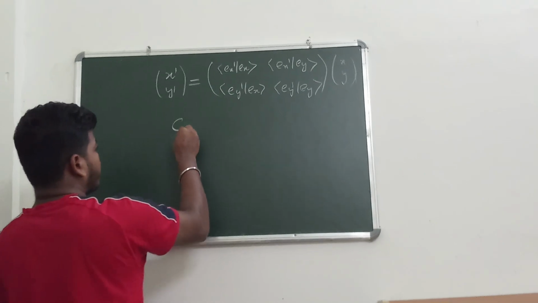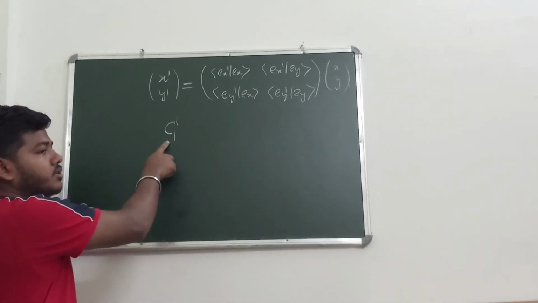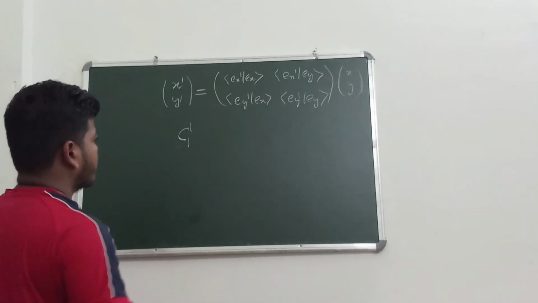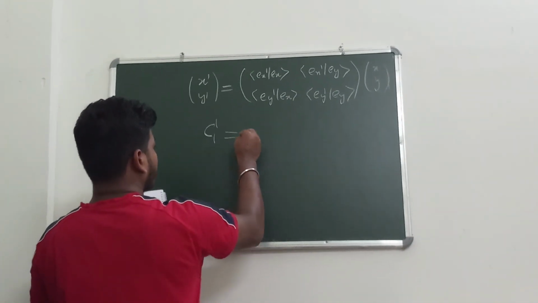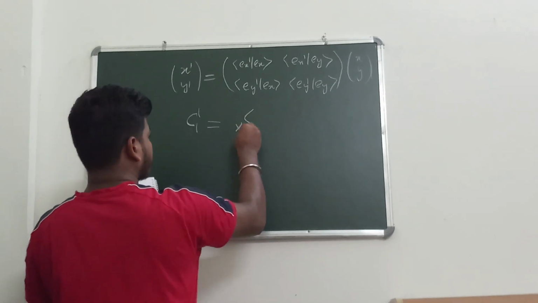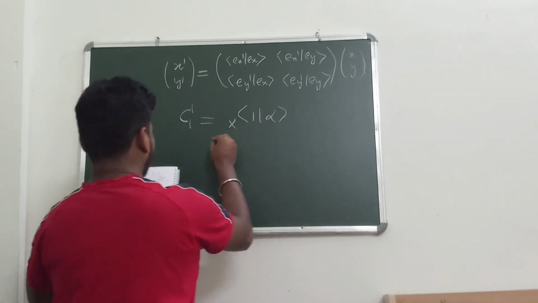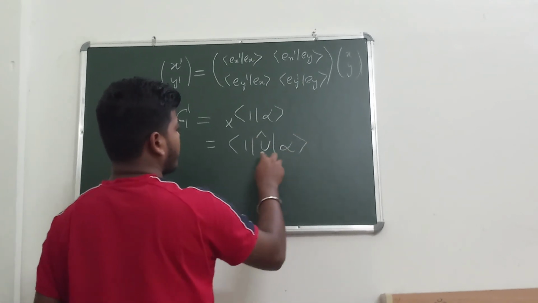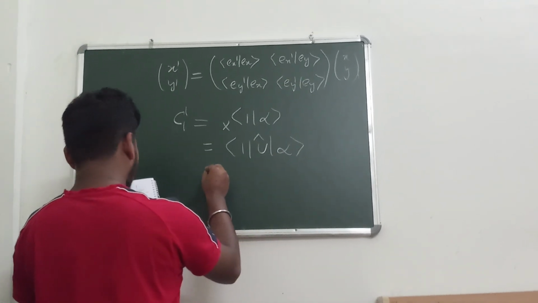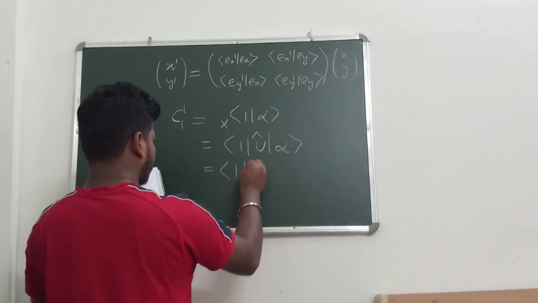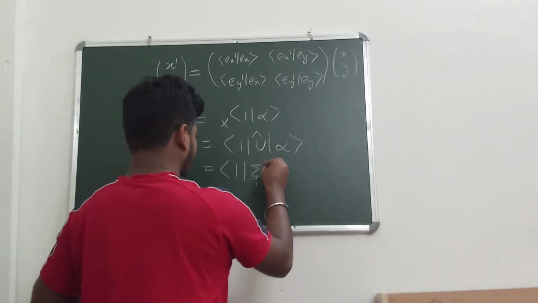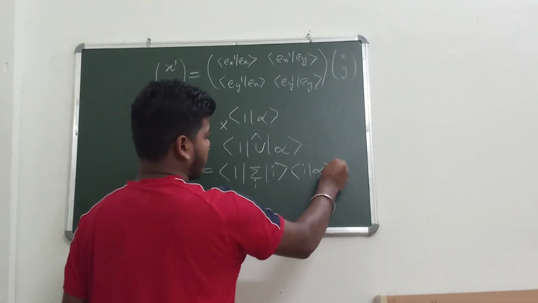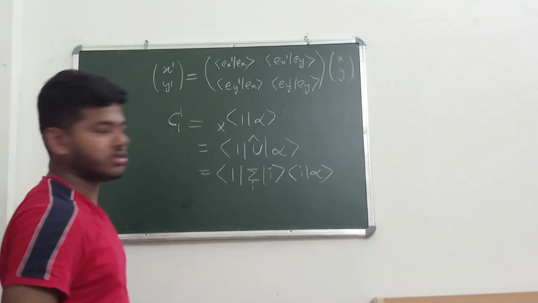Now I define C1 prime. Firstly, what is C1 prime? C1 prime is our new basis vector in terms of Sx. So C1 prime, x1 alpha, that is equal to 1 u prime alpha. This u prime is our unitary operator. So now I can write 1 summation of i alpha. I can take any values, i 0 1.